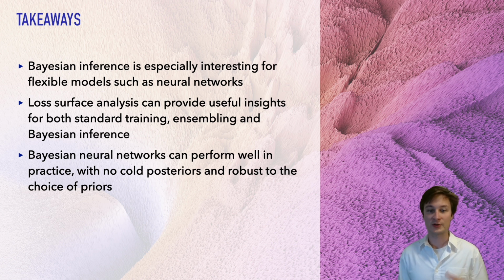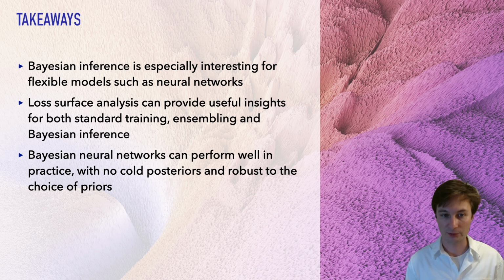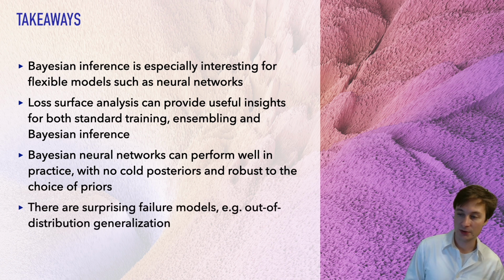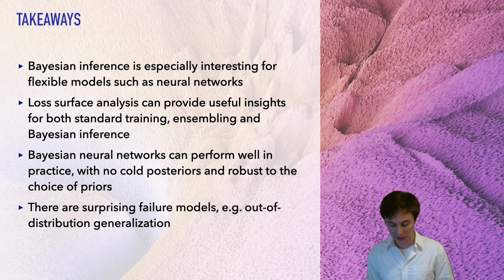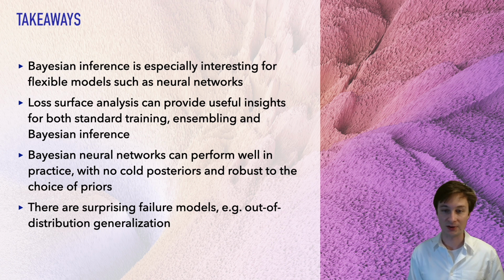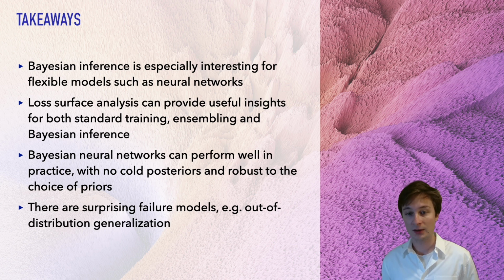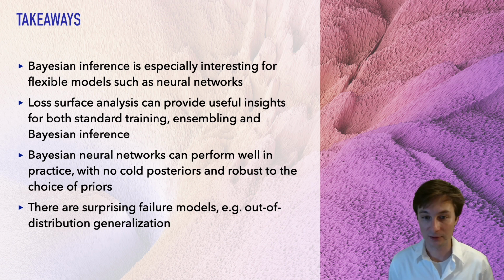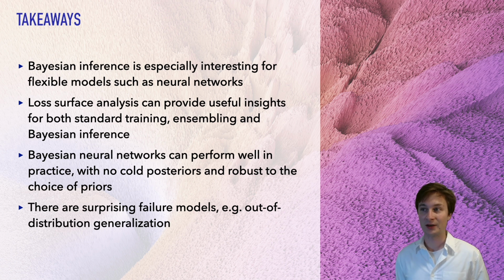But of course, the caveat is that approximate inference is challenging and it can be hard to get good performance. And also there are surprising failure modes, such as this out-of-distribution behavior that we described. It is quite surprising, and we cannot expect Bayesian neural networks to just always be better than SGD. And I think more generally, Bayesian neural networks are just very interesting models, and there are useful insights.